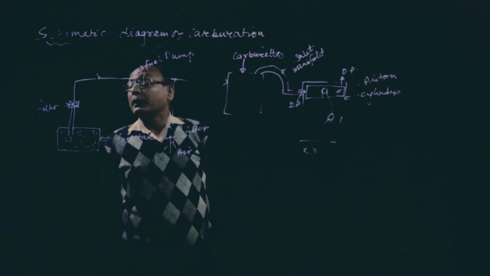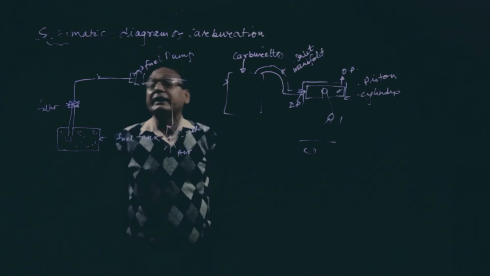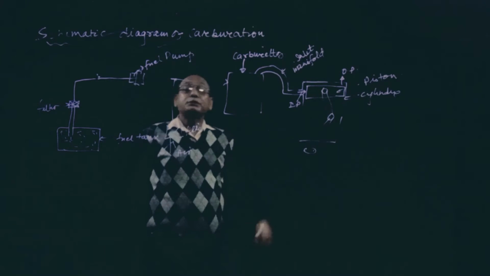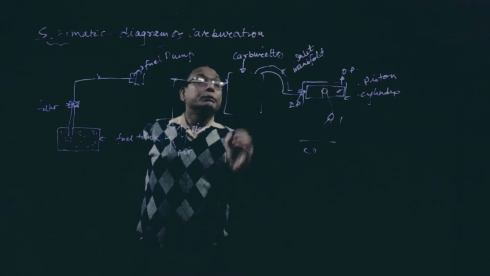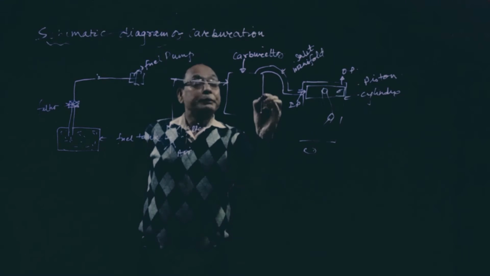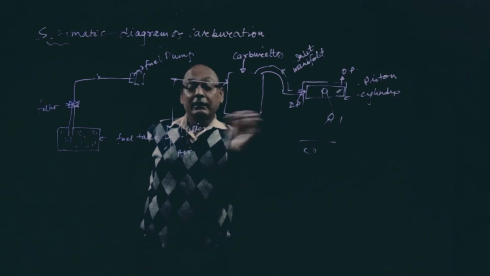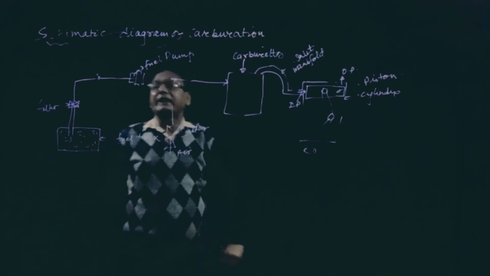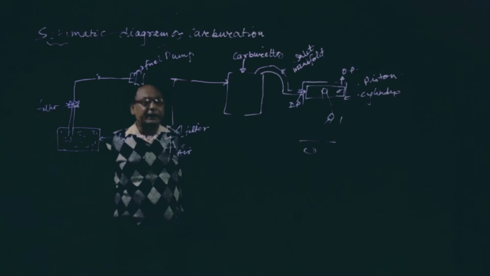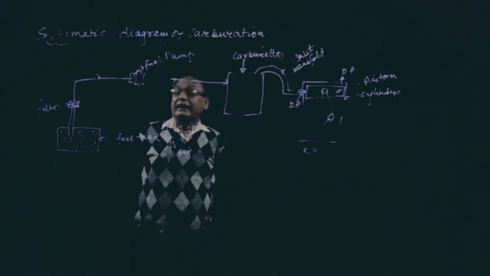First of all, from fuel tank, after filtering, it pumps the fuel to the carburetor, and before entering it mixes with air also. Okay, that is the carburation that we have already discussed. So this is the schematic diagram.